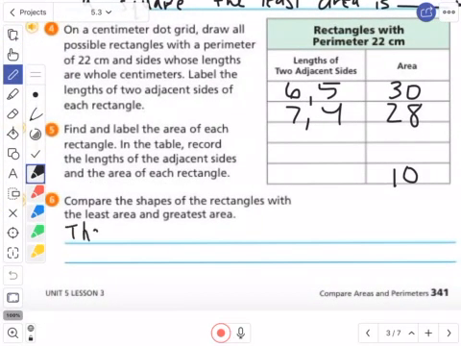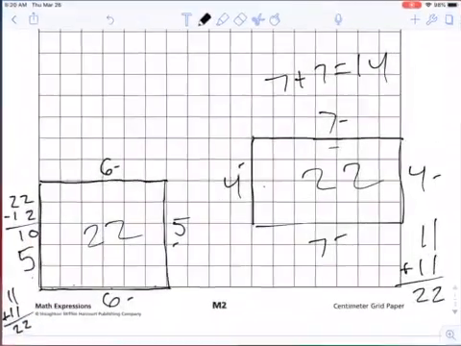the greatest area is, and I can look at my shape.